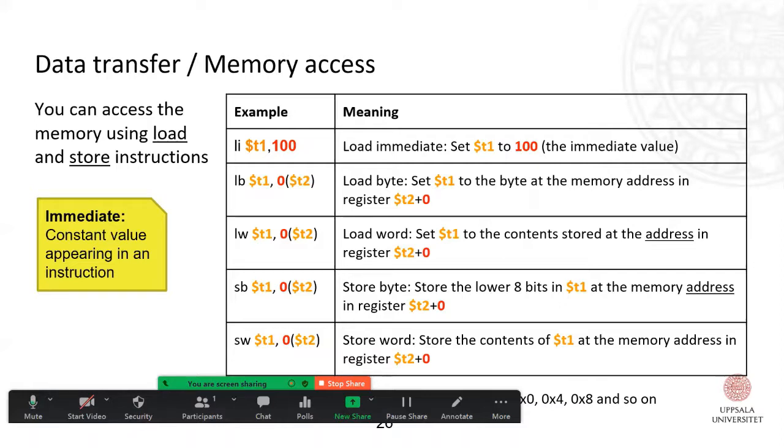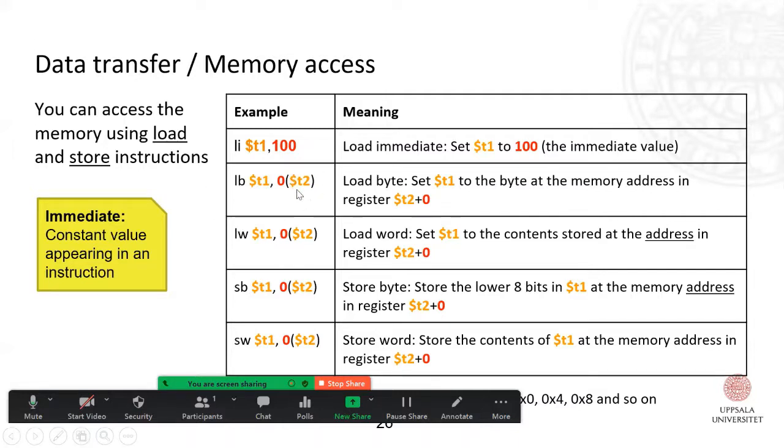We can have loading from other registers. So when we want to copy some value, we use something like this. For example, this is saying load byte. So it means that it will only load 1 byte. And from where should it load? So the address is set here. This is interesting here, so please pay attention a little bit to here.